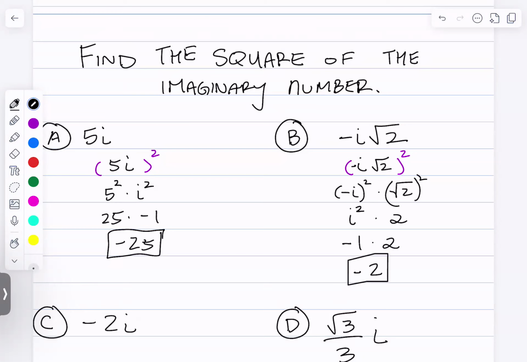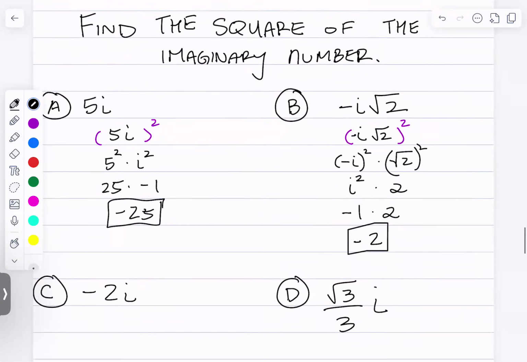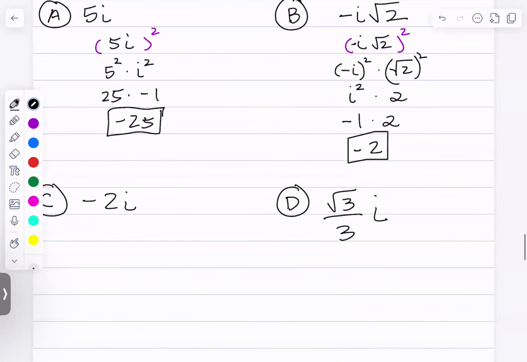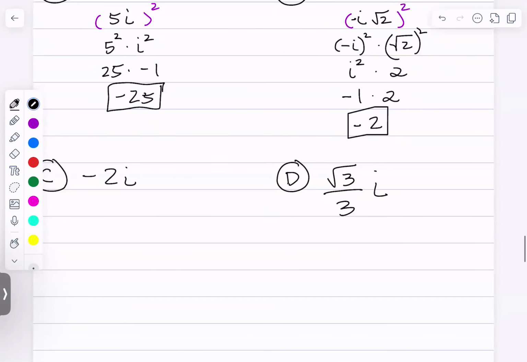Okay. How about -2i? If I square -2i, that would be -2 squared times i squared. That would be 4 times -1, which is -4.